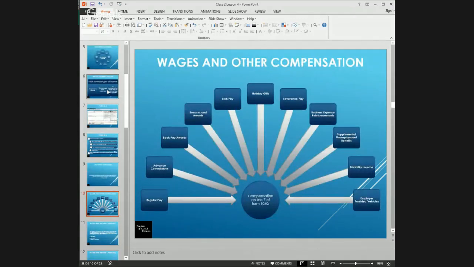Here are some of the sources of income that would be included as compensation on line 7. Any regular pay, any advance commissions, back pay awards, bonuses and awards, sick pay, holiday gifts, severance pay, business expense reimbursements, supplemental insurance benefits, supplemental unemployment benefits, disability income, and employer-provided vehicles.